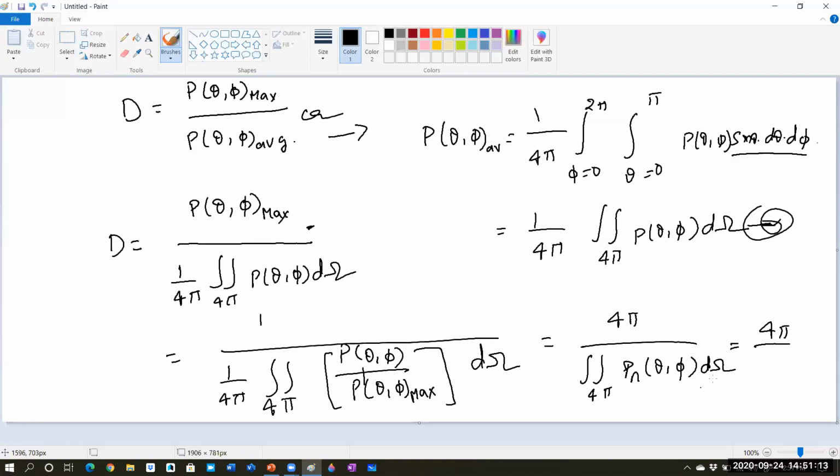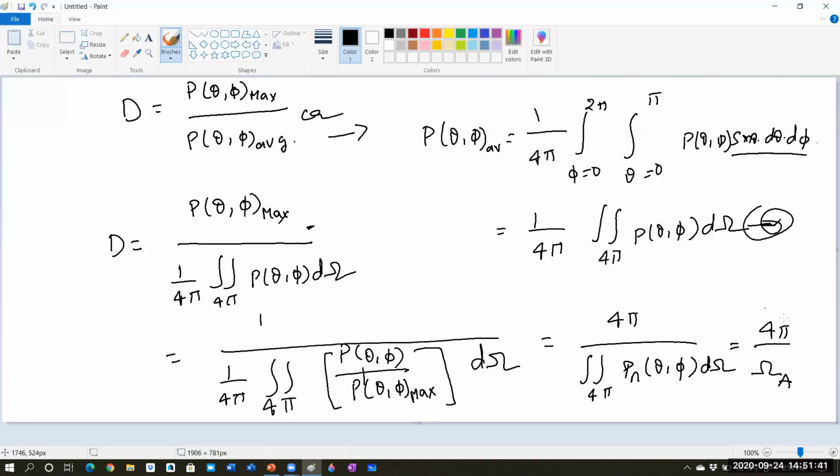The denominator is the formula of beam area, that is omega A. So from beam area, we can calculate directivity by using two methods. The first one is directivity D, which is the ratio of power max to the power average.